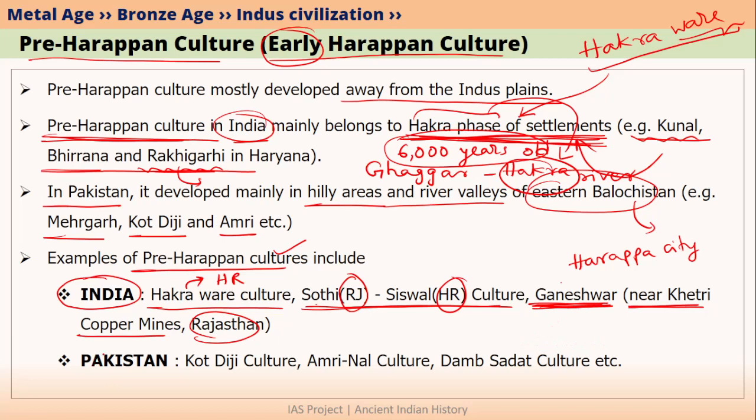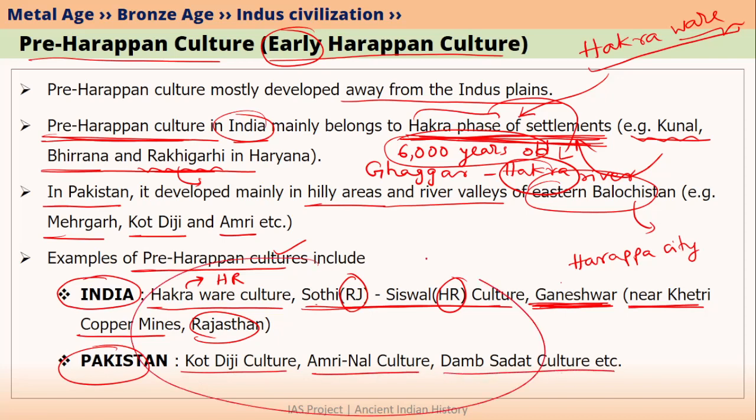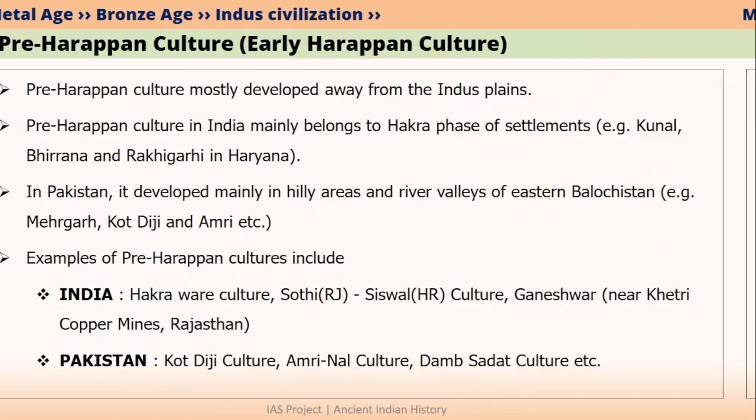If we talk about pre-Harappan cultures in Pakistan, then we have Kot Diji culture, Amri Nal culture and Dam Sadat culture. All these cultures in one way or another contributed to the development of mature Harappan culture.